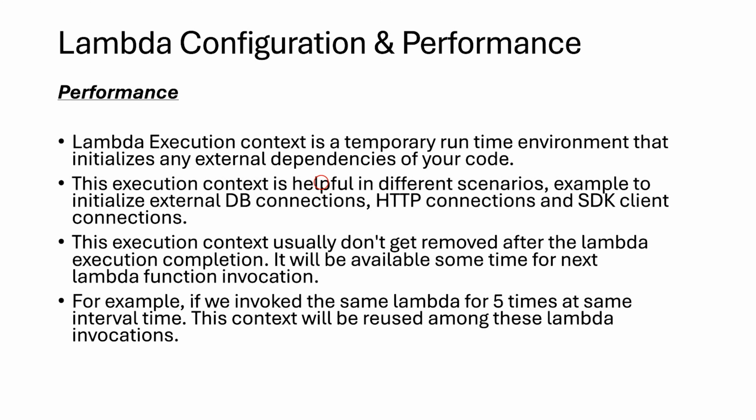For example, if you invoke the same Lambda five times at the same interval, this context will be reused among these invocations. We reuse the DB connection, HTTP connection, or SDK client connections, which are the external dependencies of your code. You can initialize those and reuse them among the different invocations of the same Lambda function.